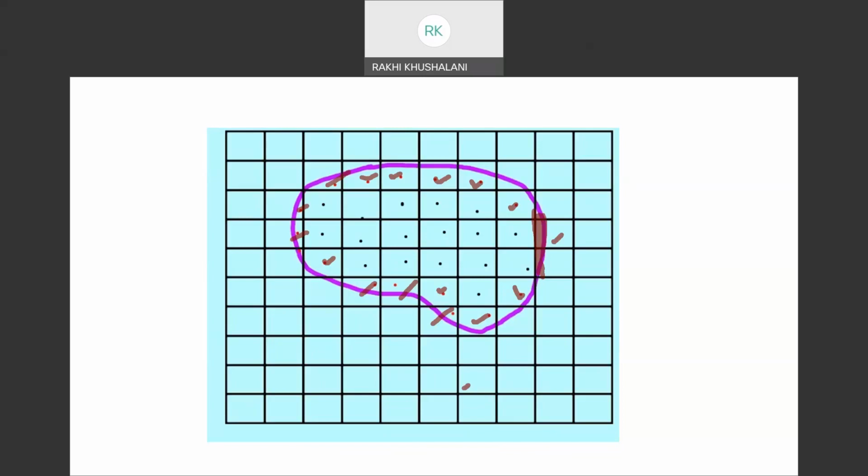Some children may not even count these two squares, so they may get 29. So it's okay. If you get 29 square units, it's absolutely fine. Some will get 30 square units, it's fine. Some will get 30.5, it's fine.